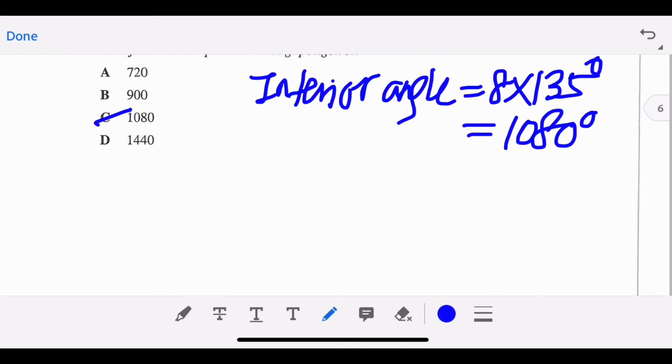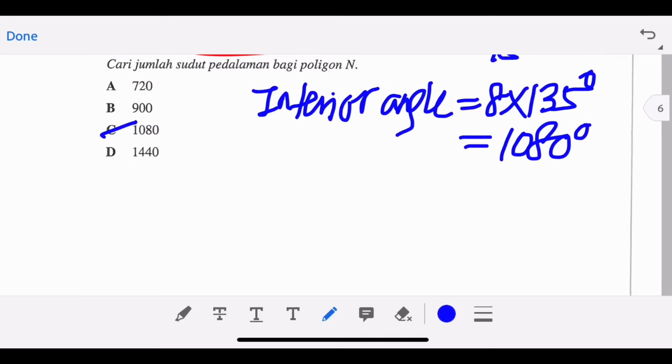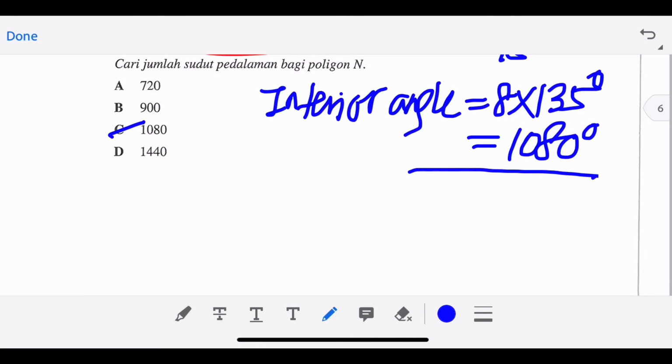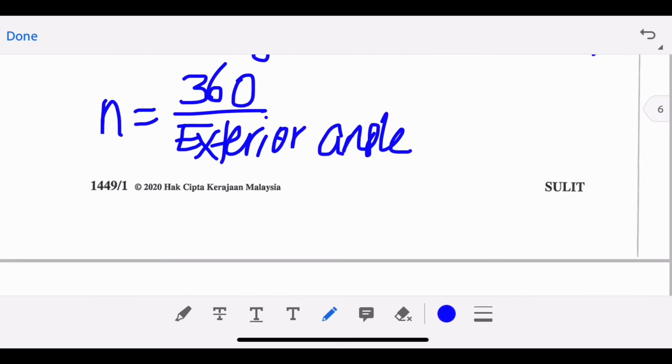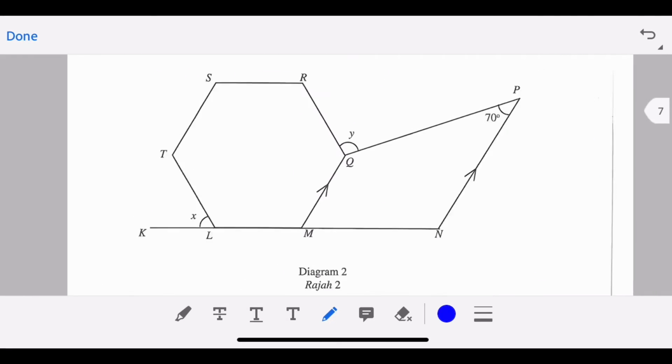So with that we can solve the interior angle for the N. I'm sure you can do it if you understand the formula: number of sides is equivalent to 360 degree over the exterior angle.